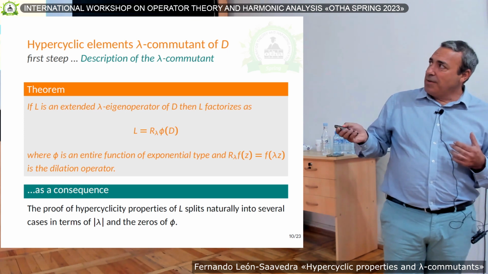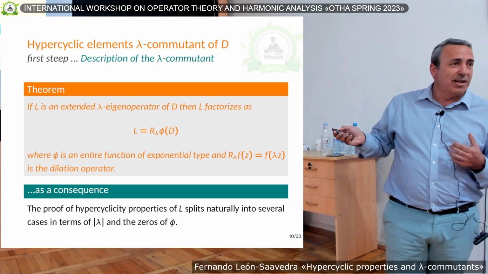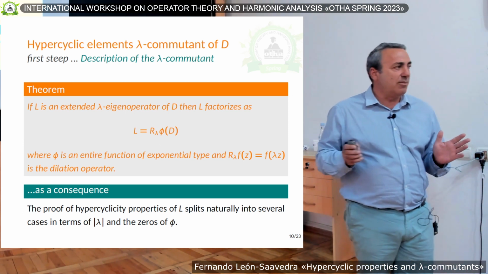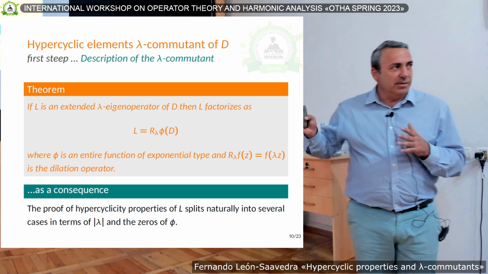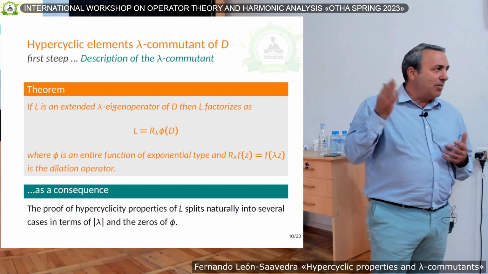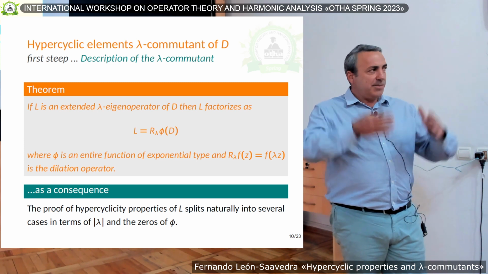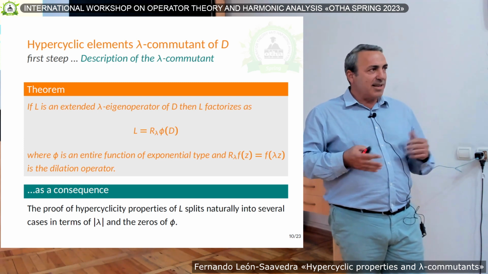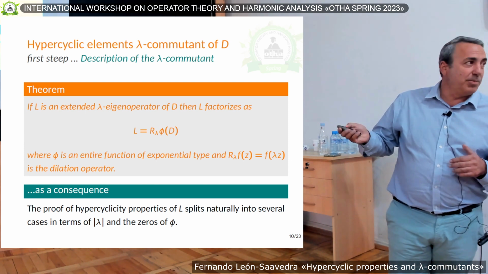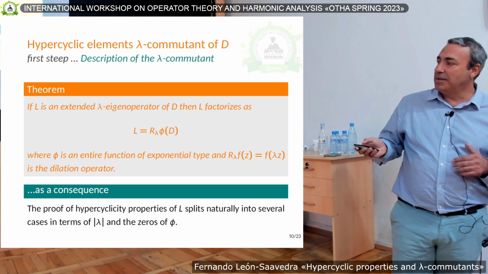They have the form R_lambda phi of D, where R_lambda is the dilation operator, and phi of D is an element in the commutant of the differentiation operator. So with this factorization theorem in hand, we can attack the problem. The proof is split into several cases depending on the values of lambda and the properties of phi. Okay, this is a consequence of this factorization theorem.